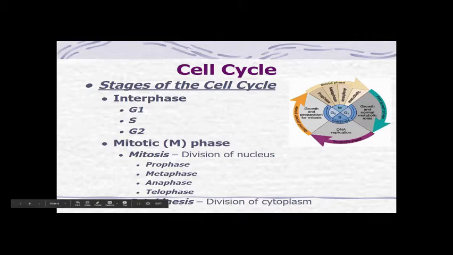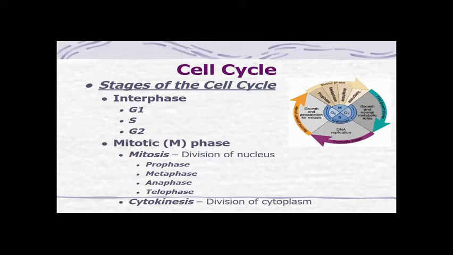There are specific stages of the cell cycle. The 2 main stages are interphase and the M or mitotic phase. And then those main stages can be broken down even more. Interphase has 3 of its own stages, G1, S, and G2.